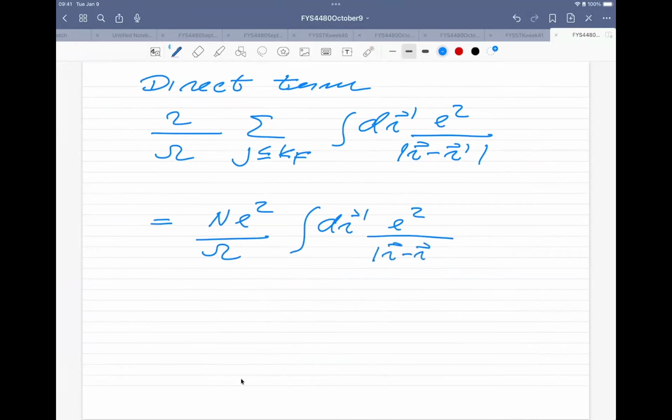Let me just set up these terms first, because I'm going to come back to the way we are going to calculate them. This term here is actually going to cancel the term which comes from the background electrons. I'm going to set this up a little bit later and show you more explicitly. I wanted to run through some calculations first.